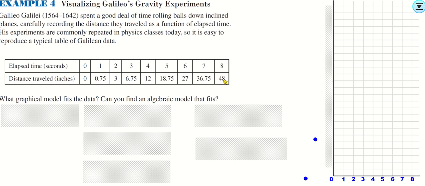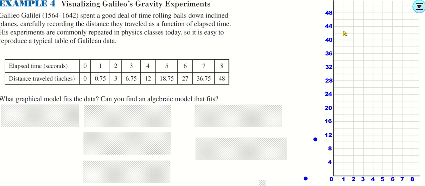For the y-axis, we need to go up to at least 48, and based on the number of boxes, I'm assuming we could go by twos. I didn't write every number, but every box is going by 2: 2, 4, 6, 8, 10, 12, and so on.